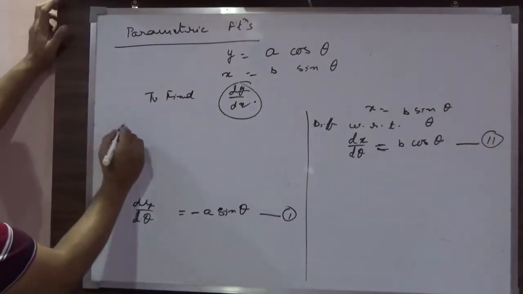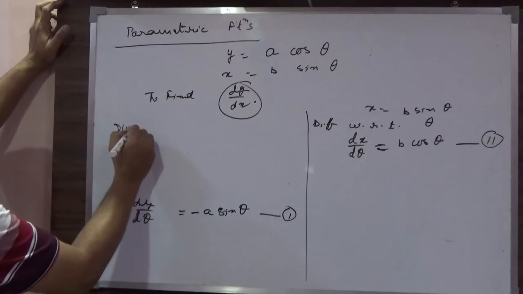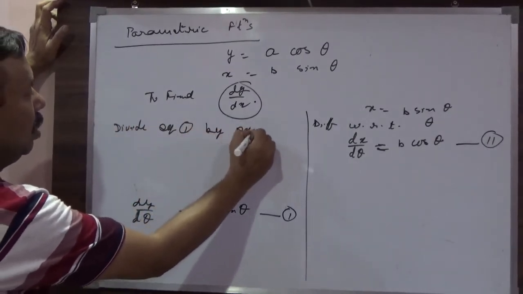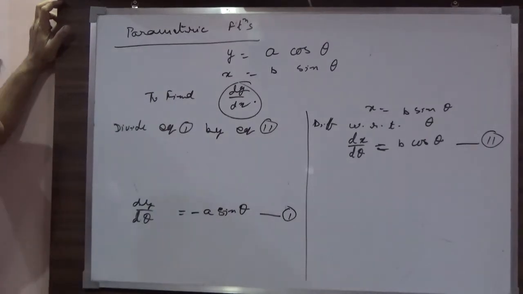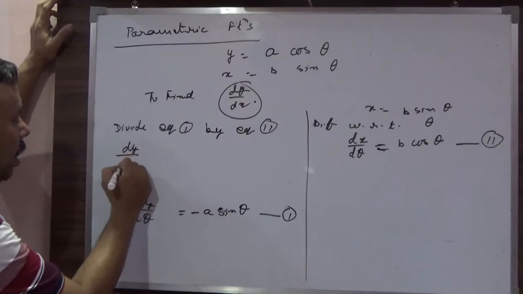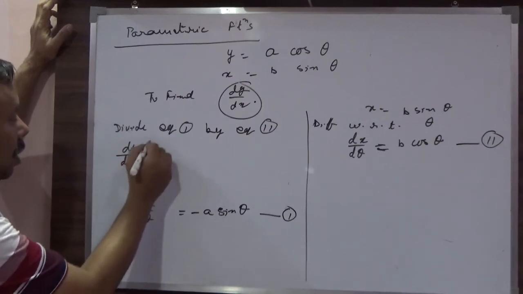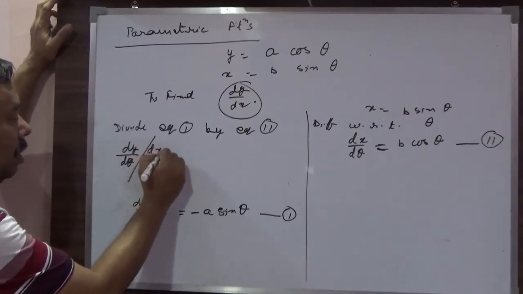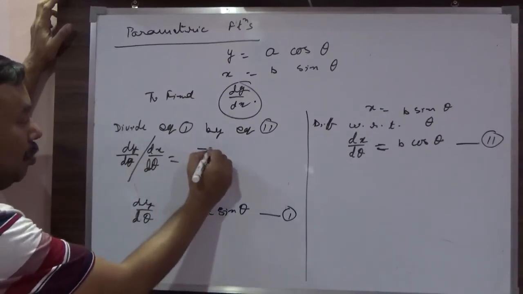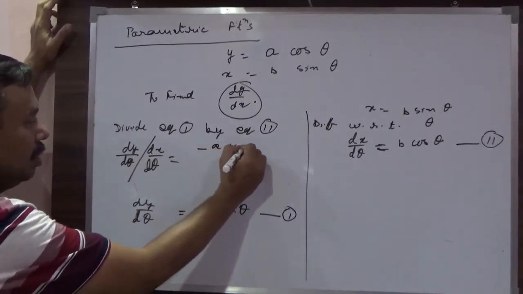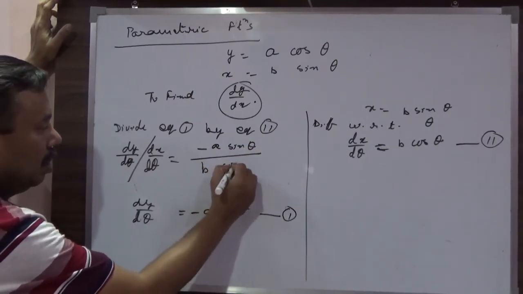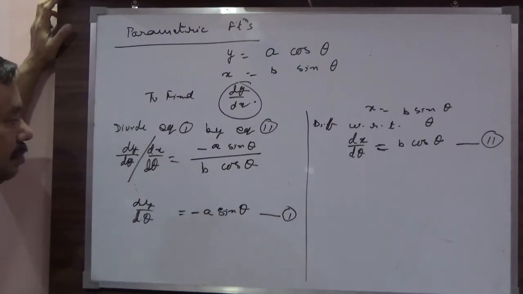Now divide equation 1 by equation 2. What I get is dy by d theta divided by dx by d theta, and that will be equal to minus a sin theta divided by b cos theta.